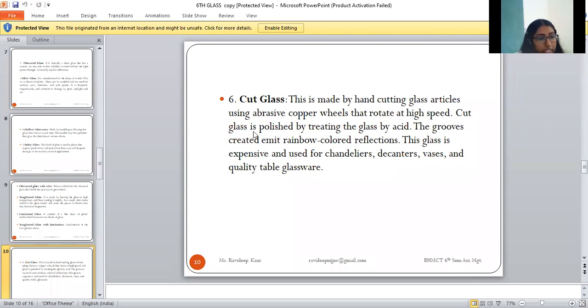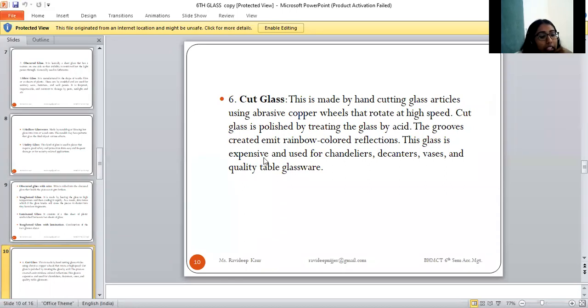After the glass has been cut, it needs to be polished, and the polish is done by treating the glass with acid. The grooves created emit rainbow color reflection.